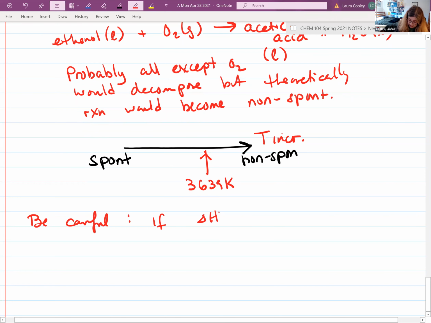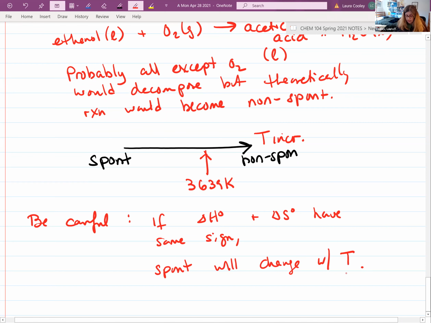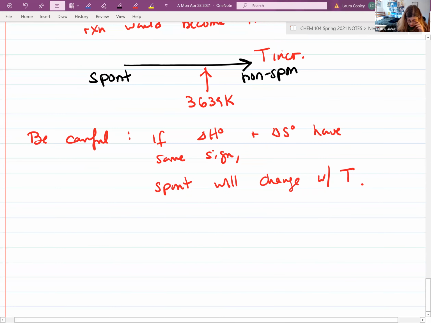If the delta H and the delta S have the same sign, the spontaneity will change with the temperature. For one of them, it'll go from being spontaneous to non-spontaneous, and for the other, it'll go the other way. So you can look at those examples that I went through.